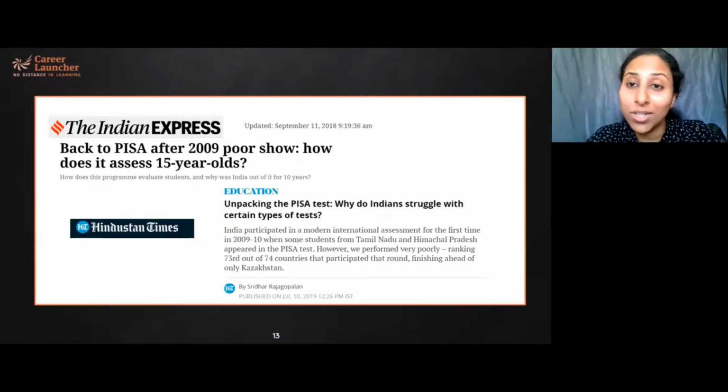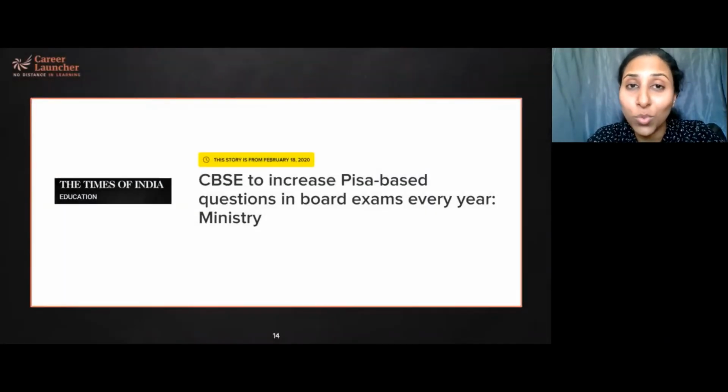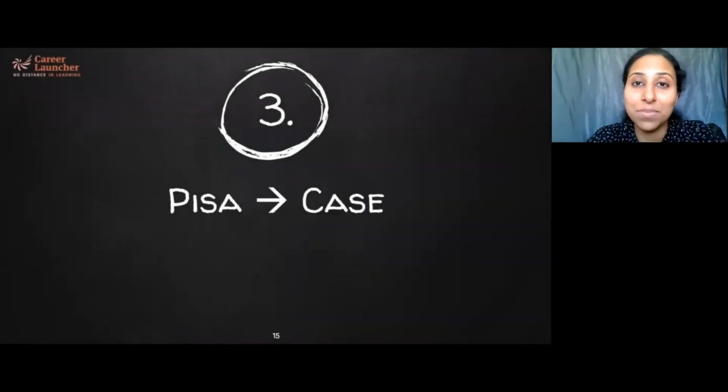So what the CBSE decided was, in 2020, they came out with this idea to increase PISA-based questions in the board exams every year. And that's how the PISA exams resulted in case studies being introduced into your board exams.